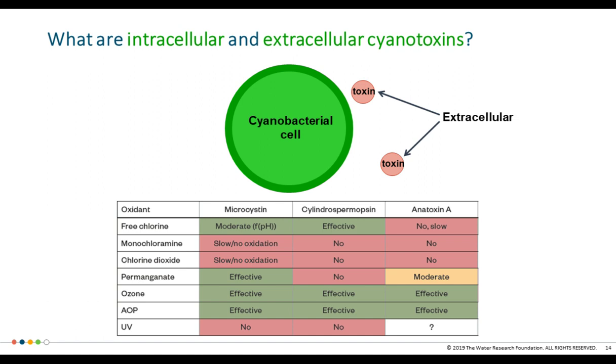The table that I'm showing in this slide shows general oxidant efficacy for three common cyanotoxins: microcystin, cylindrospermopsin, and anatoxin-a. An expanded version of this table, along with some other cyanotoxins, will be included in the guidance document, the final deliverable for this project.